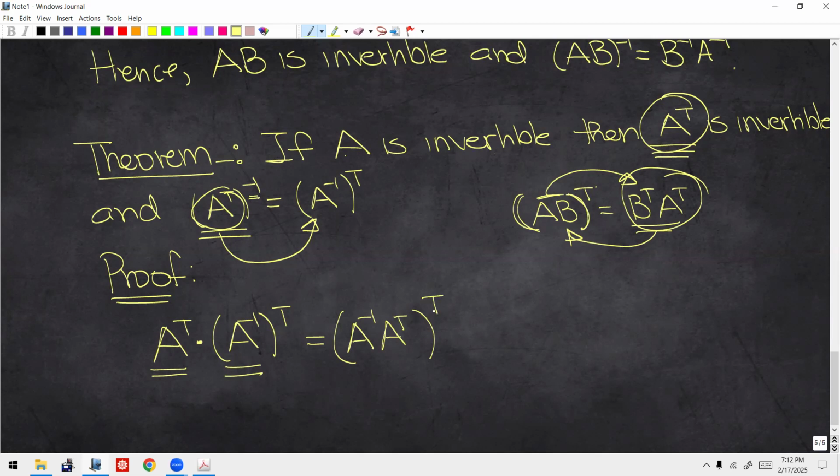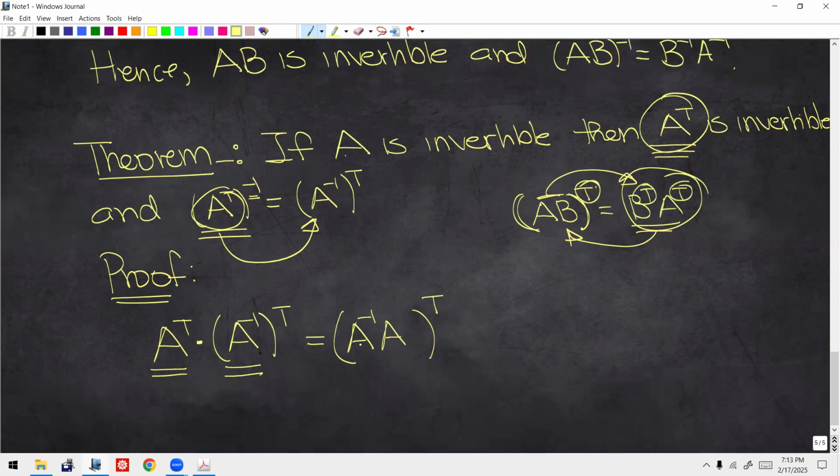Okay. So now where can we go from here? Just a second. We get, oh, sorry. We got an extra transpose because these two transposes become a single transpose, okay?